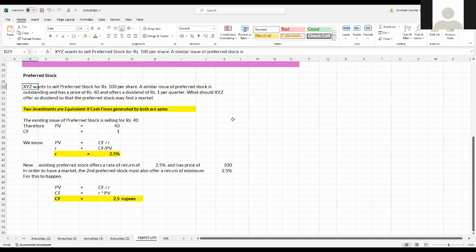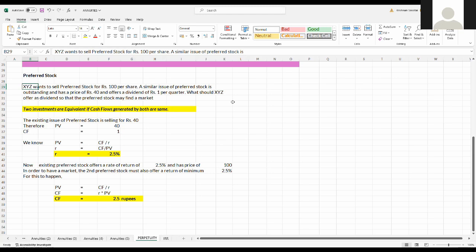Now, what do you mean by a similar issue of preferred stock? In finance theory, two instruments are supposed to be similar or equivalent if both of the cash flows are the same. The problem says that a similar issue of preferred stock is outstanding, and it has a price of 40 rupees and offers a dividend of 1 rupee per quarter.